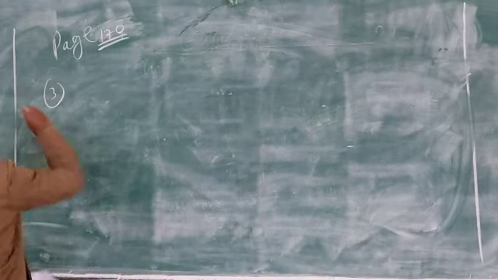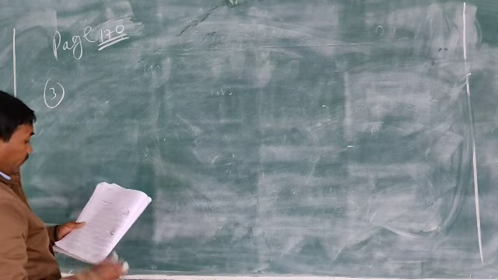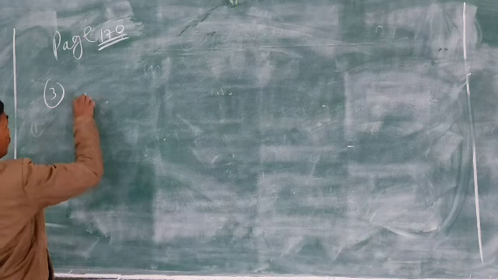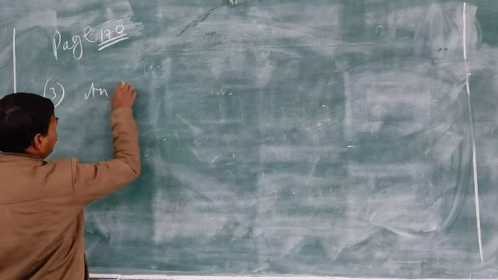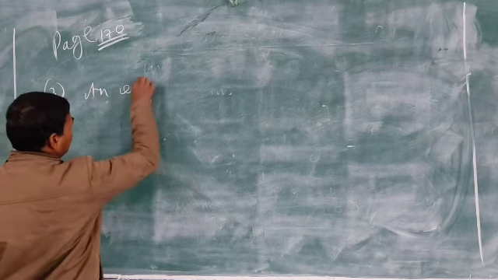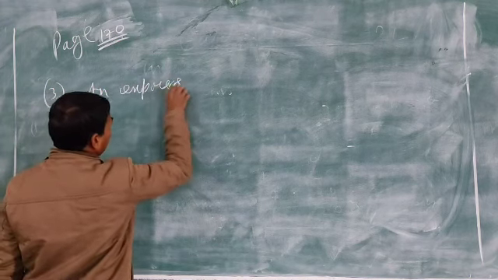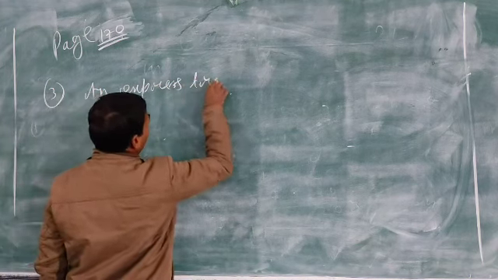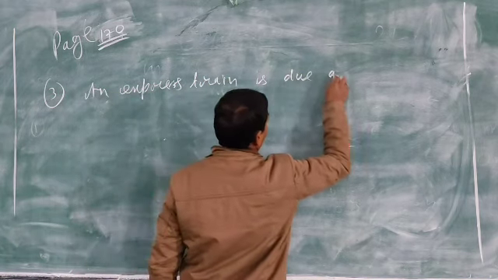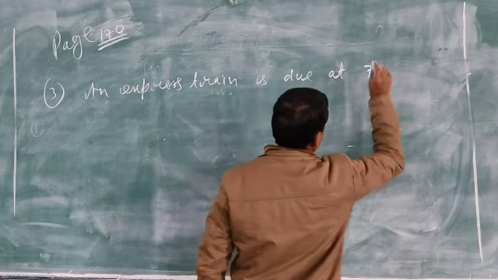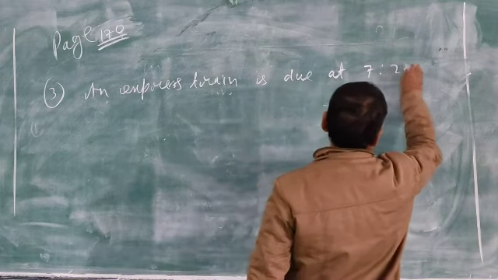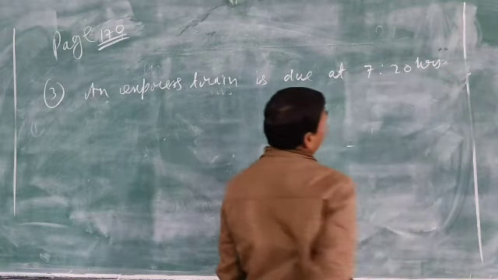So now come on to the third one. An express train is due at 7:20 hours.